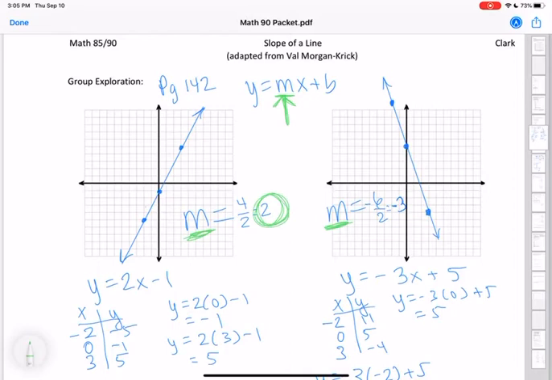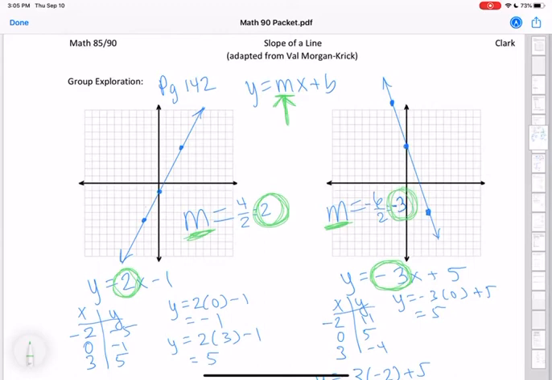It's 2. In this spot in the formula, m is 2. Cool, right? Here in the second one, negative 3. Look at what's before that x: negative 3. So now if you get a problem that's in y equals mx plus b, you already know what the slope is. You don't have to graph it with the whole table anymore.